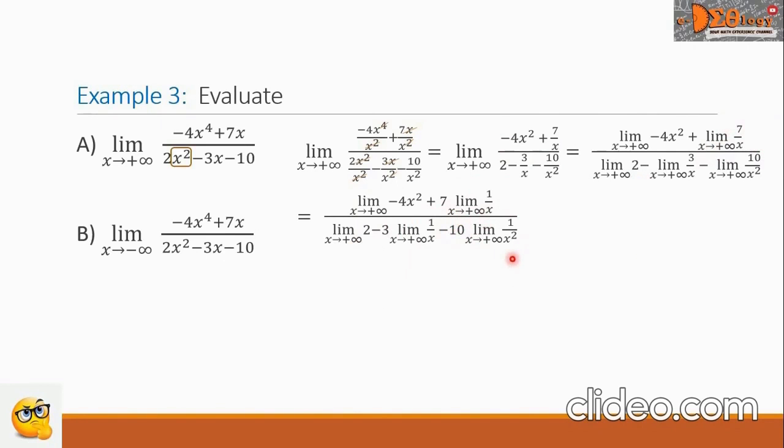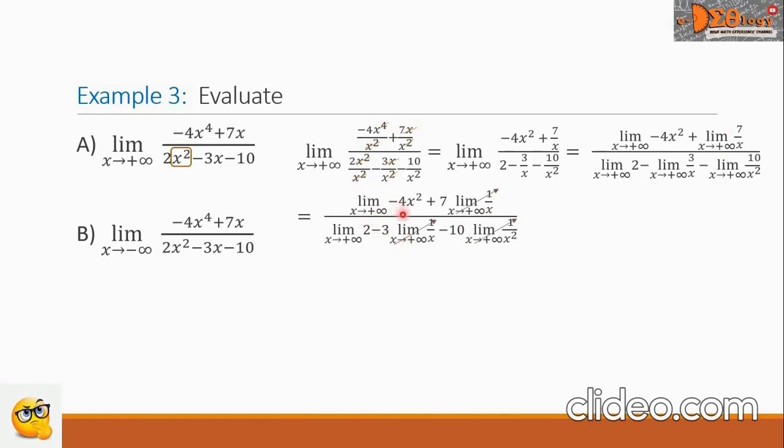And then let us take the respective limits of the expression. And from here, we can see that some limits would be equal to 0. Now, let us take the limits of respective expression.